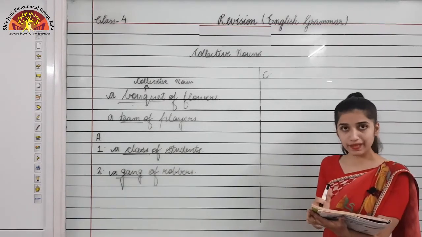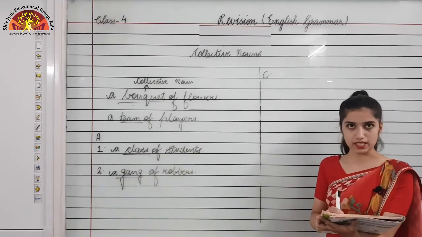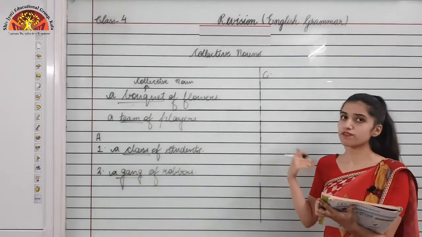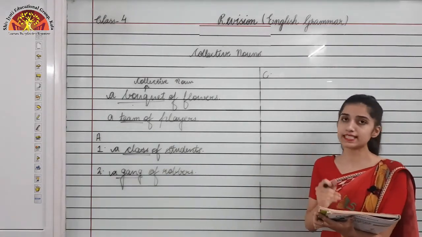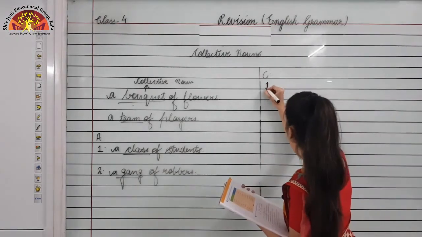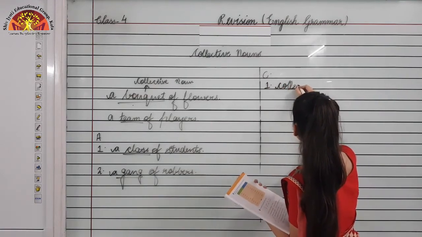So these are some collective nouns that we need to use in the below sentences. Mr. Soni has a large dash of stamps. So the most suitable collective noun for this sentence would be collection. So the answer for the first one would be collection.